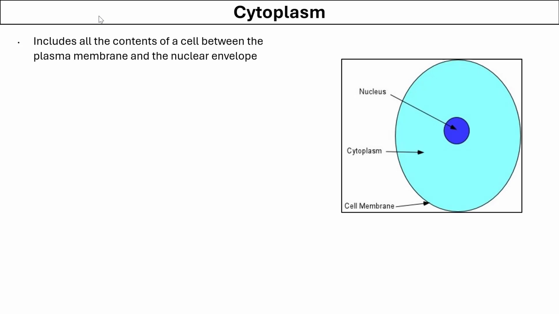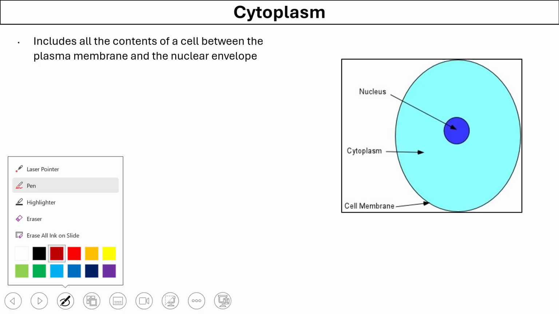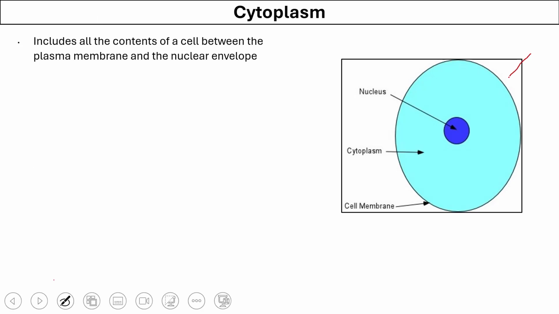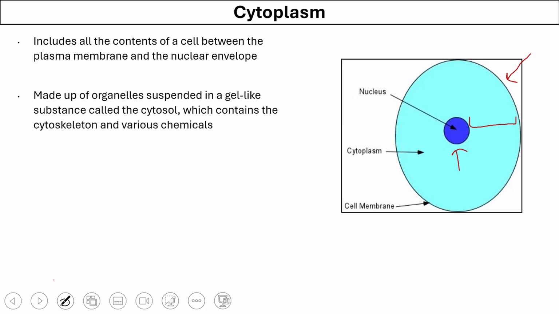Next is cytoplasm. If you talk about a cell, there are three main structures. One is the plasma membrane, other is the nucleus, and in between these two is the cytoplasm. Cytoplasm is the cytosol, that means it is a gel-like material inside the cell in which all the cytoskeletal and organelles are present.